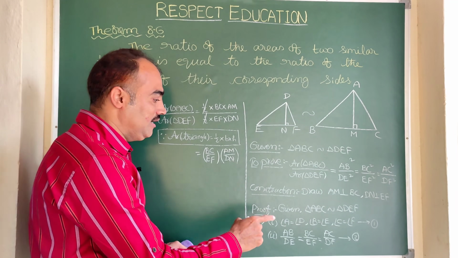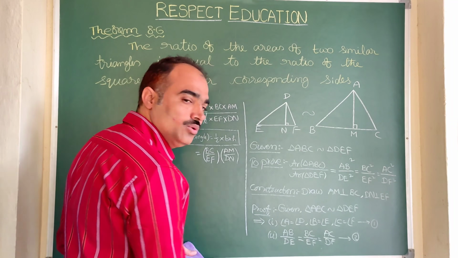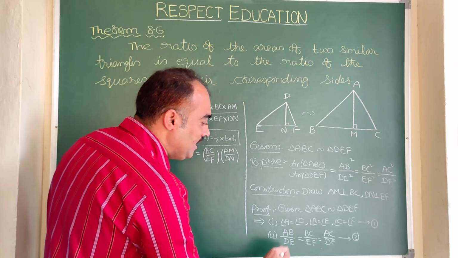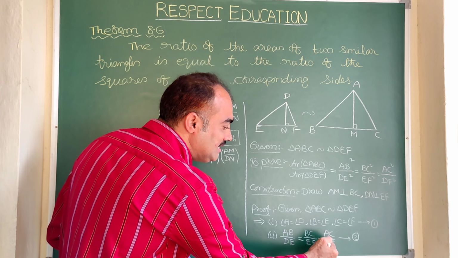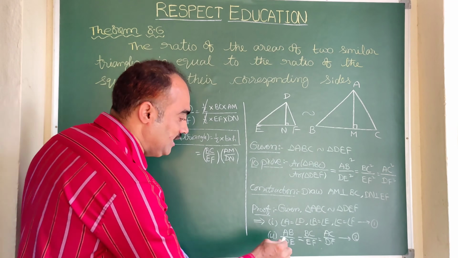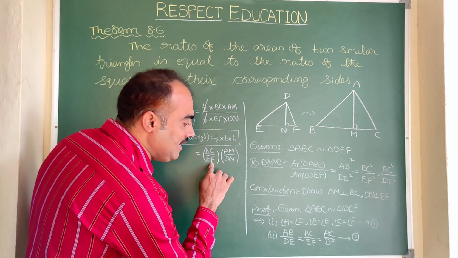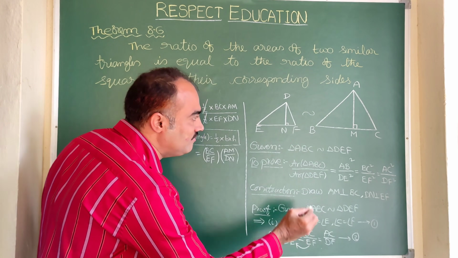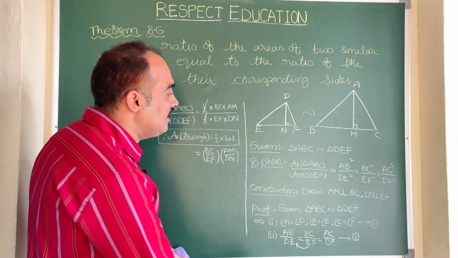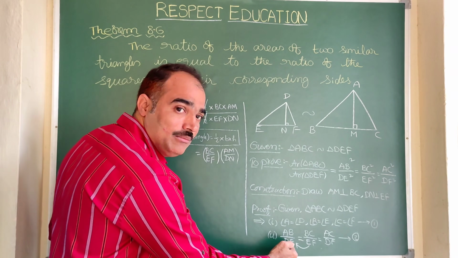That is given. So from equation 2, AB by DE equals BC by EF equals AC by DF. You observe carefully, this BC by EF can be replaced with AB by DE.